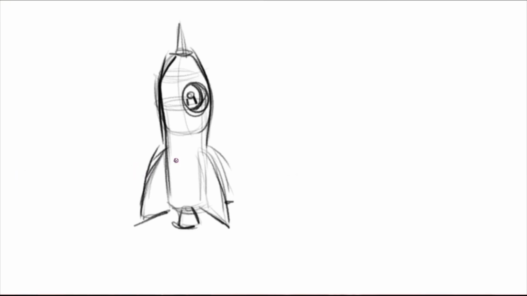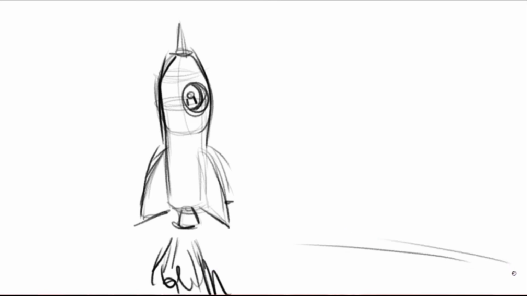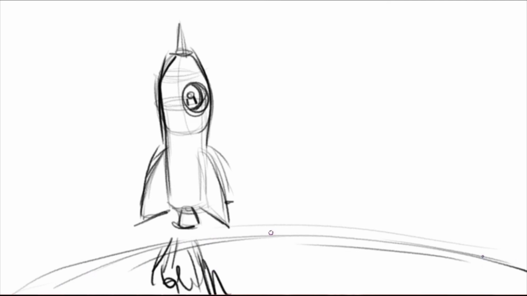But on the other hand, if I put some big old blasting rocket energy here, and I have the Earth far below to give it some context, now he's not on the ground. This astronaut has gone up and away onto new adventures.